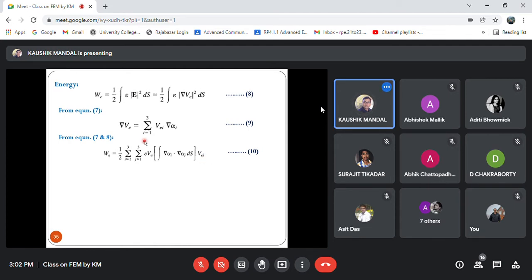You see, there are two grad V squared terms, so in place of grad V squared, one will be VEI, another VEJ, and one is del of alpha I, another is del of alpha j.